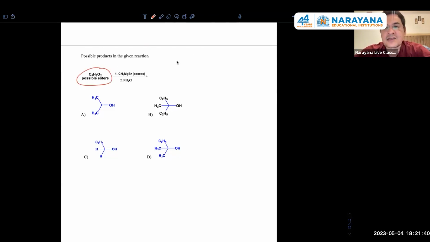C4H8O2. We need to create the possible esters. So the ester is basically this bivalent group. If I place H here, out of 4 carbon, 1 carbon is used, so 3 carbon I need to place here. Those 3 carbon can be, first, propyl, second, isopropyl. Now shift 1 carbon to the left side, it becomes CH3, and remaining we get only 2 carbon.